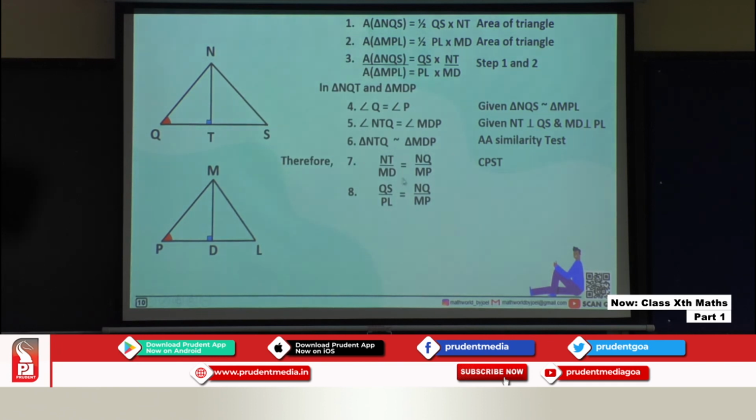These are nothing but sides of triangle NQS and MPL. So because these triangles are similar, I'm writing this statement. Okay, so this would become, given NQS is similar to triangle MPL.